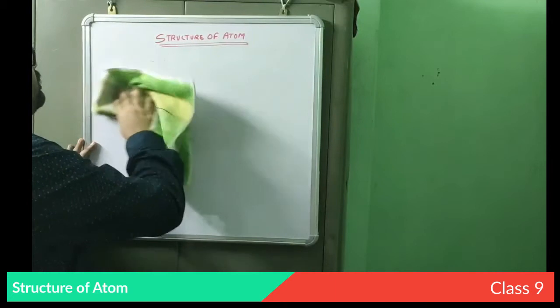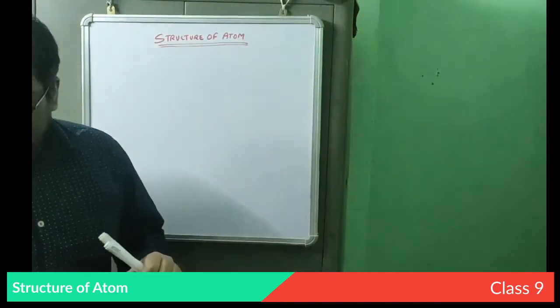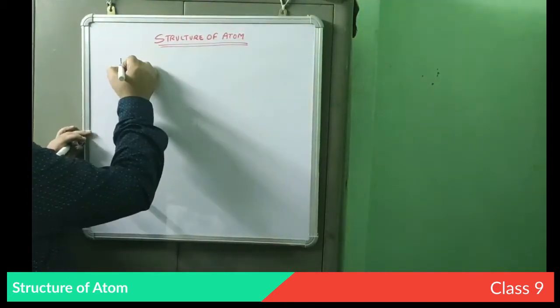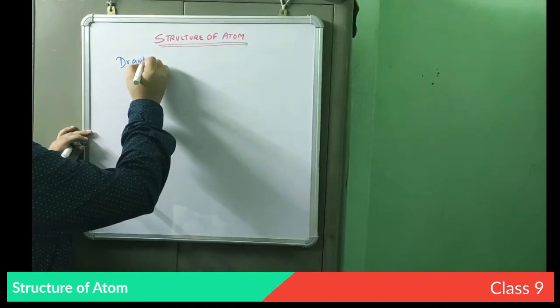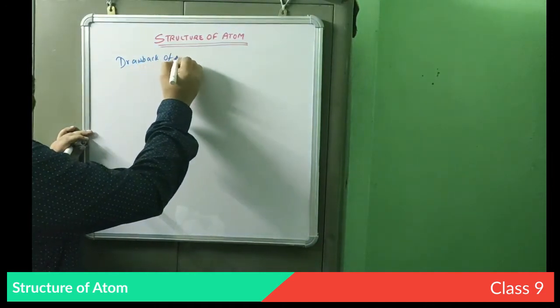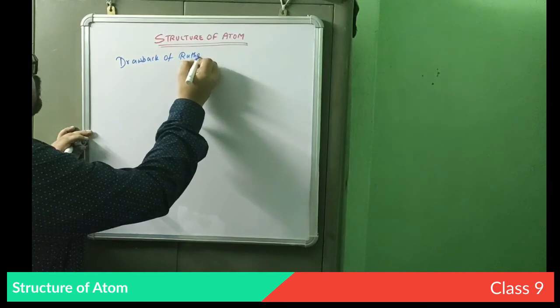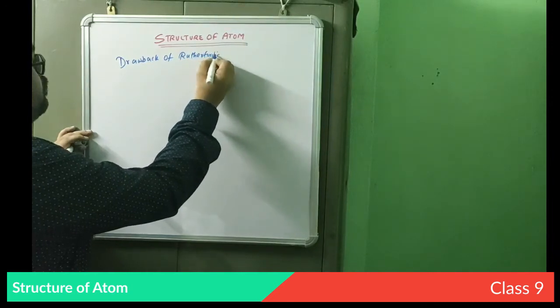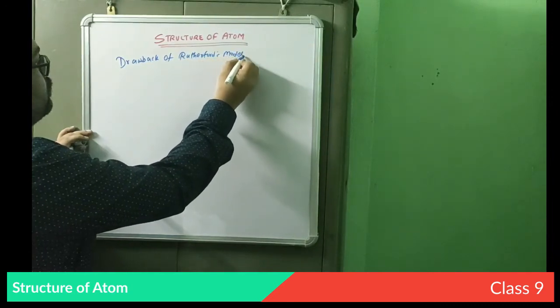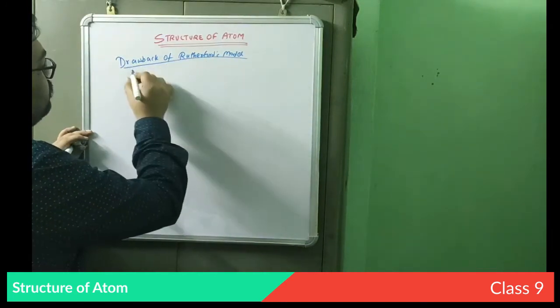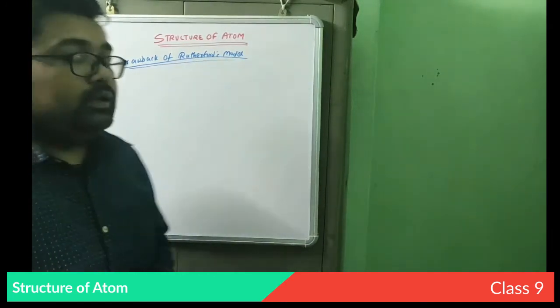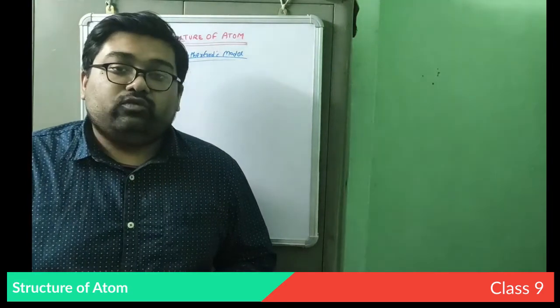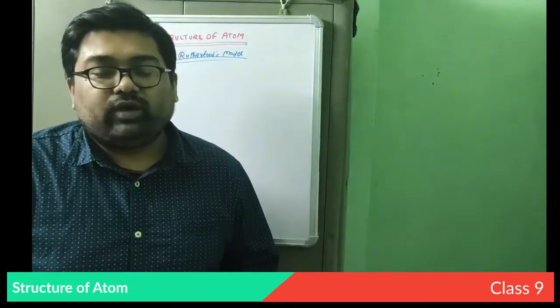This model has some limitations. You can say it as a drawback of Rutherford's model. Right. Rutherford's model failed to explain the stability of the atom.